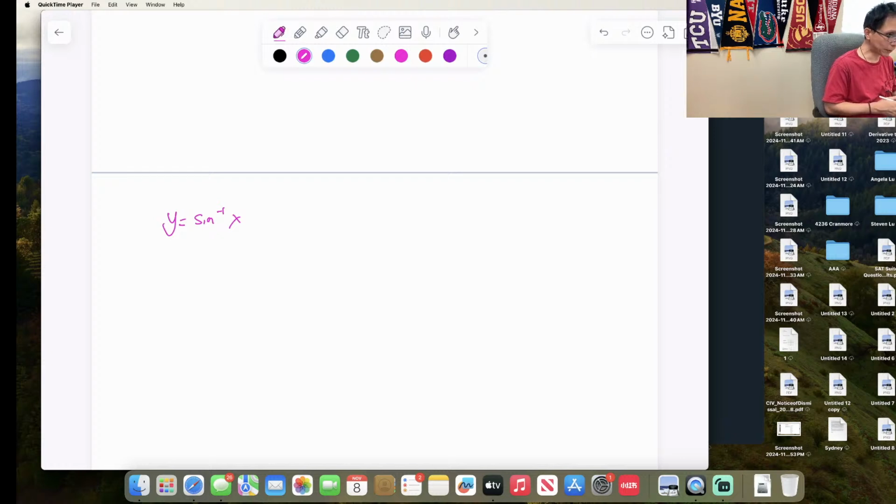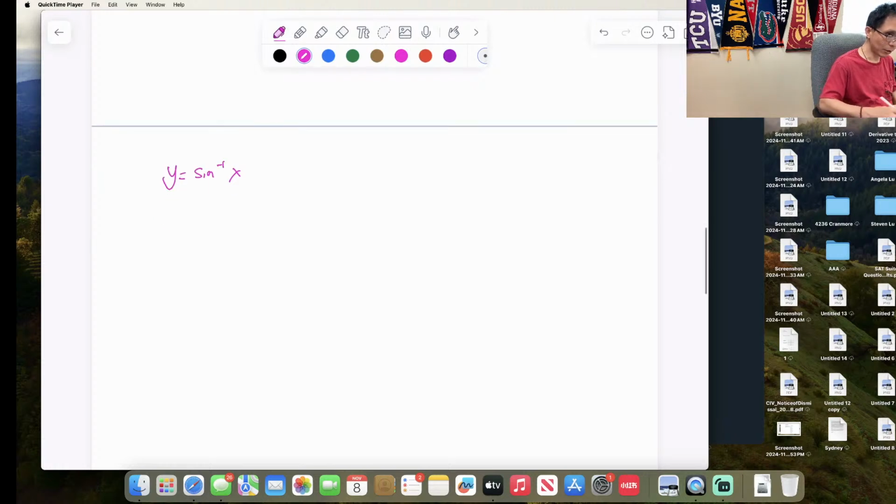How would I prove that the derivative of this is equal to 1 over square root of 1 minus x squared? So I can take sine of both sides. Does that make sense? So sine inverse of x, therefore, it's going to be sine y equal to x. Is that okay? I just take sine of both sides.